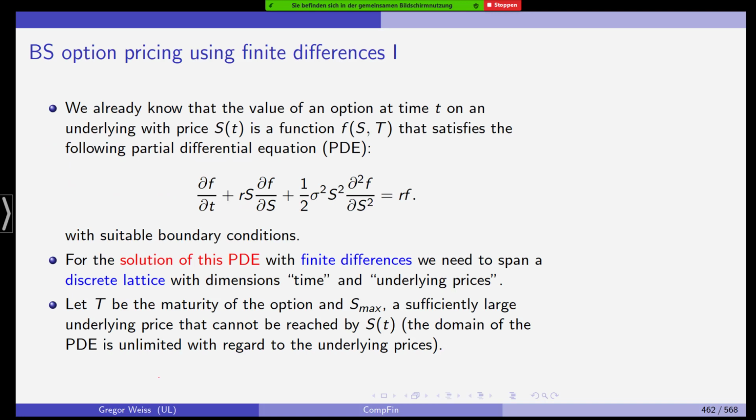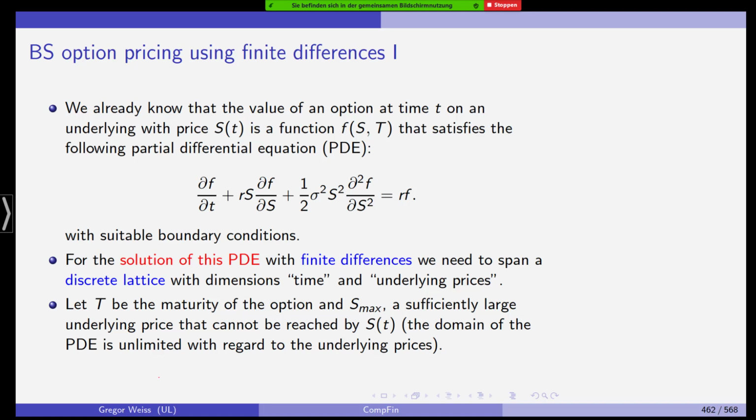Now, we already know that the value of an option at time t on an underlying with price S is a function of the stock price and of time that satisfies this following well-known partial differential equation. This is, again, if you don't remember it yet, the Black-Scholes differential equation.